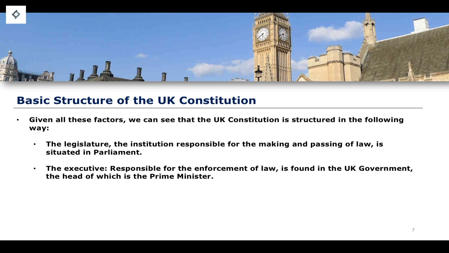You then have the executive branch of government, which is responsible for the enforcement of new laws and is found in the UK government. So we often make a delineation between the UK government, specifically the executive branch, being called the UK government, and the UK government more broadly, as in the entire structure of the system itself. So I'll try and be very clear when I make this delineation.